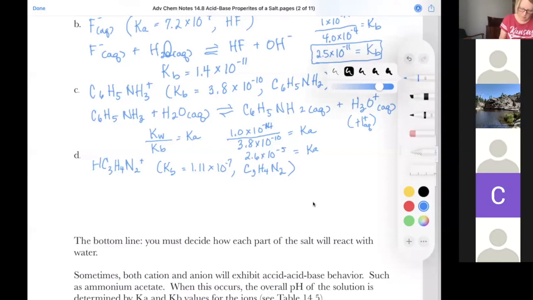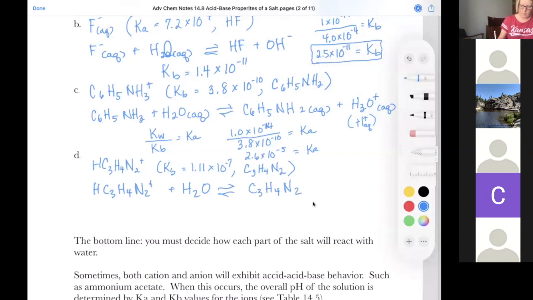Okay, so I don't know if this is right, but this is what I got. Okay. So you have HC3H4N2 plus H2O yields C3H4N2 plus OH. And then the Ka would equal what? It is not OH in this particular thing. Notice the hydrogen here is going to be stripped off by the water, and it's going to make H3O plus.